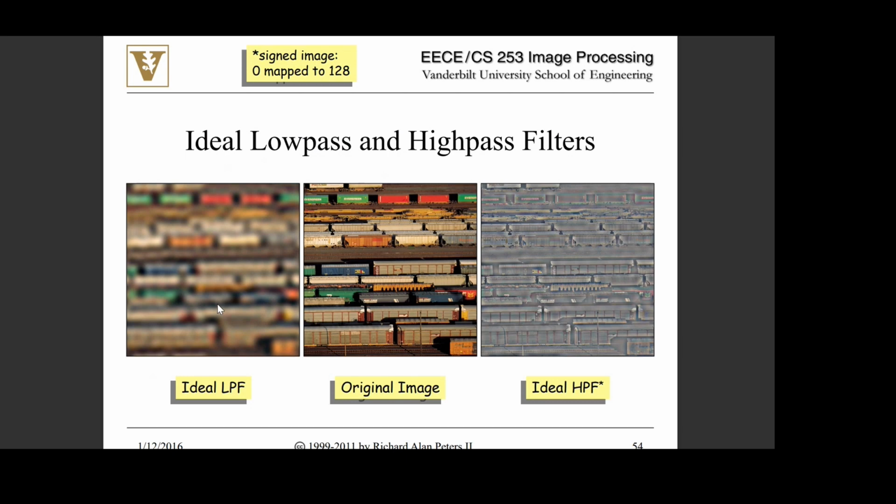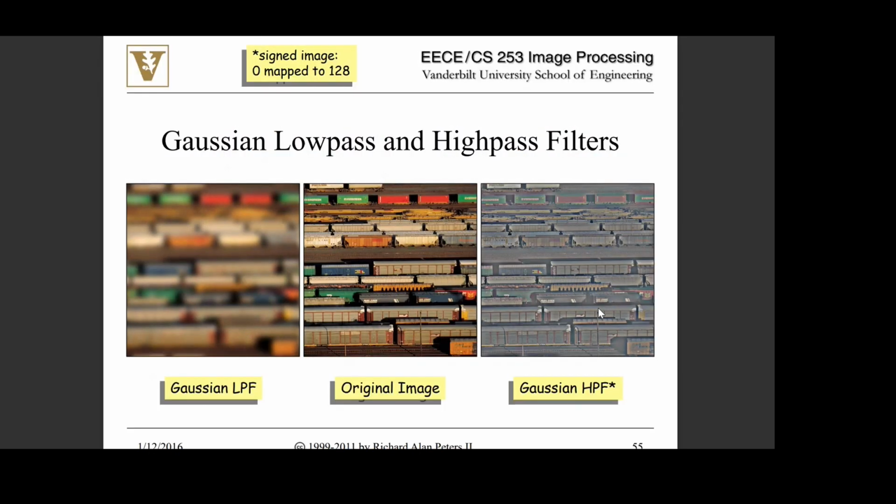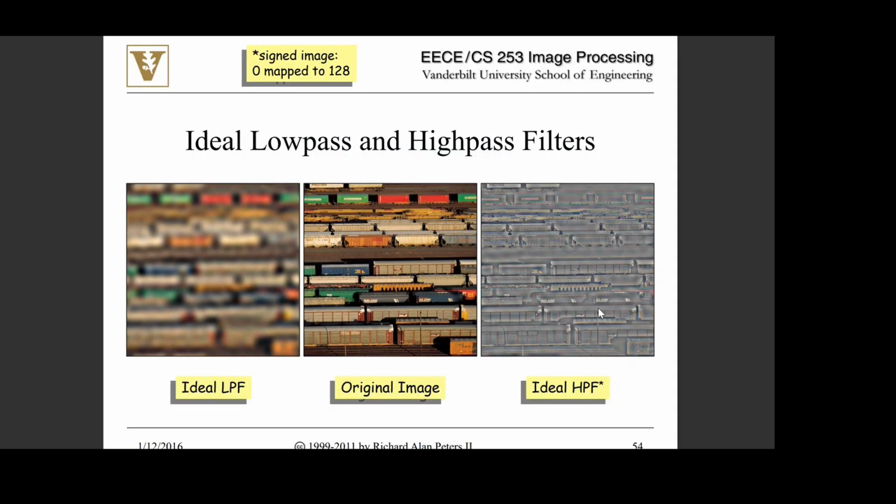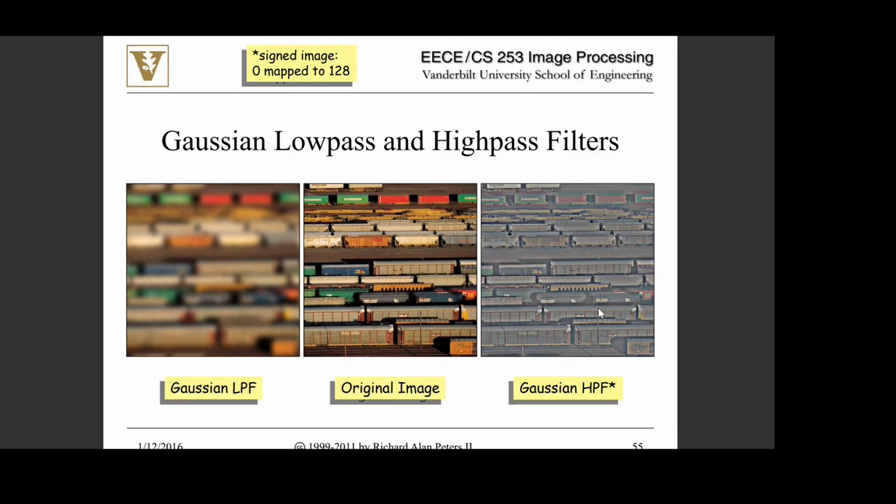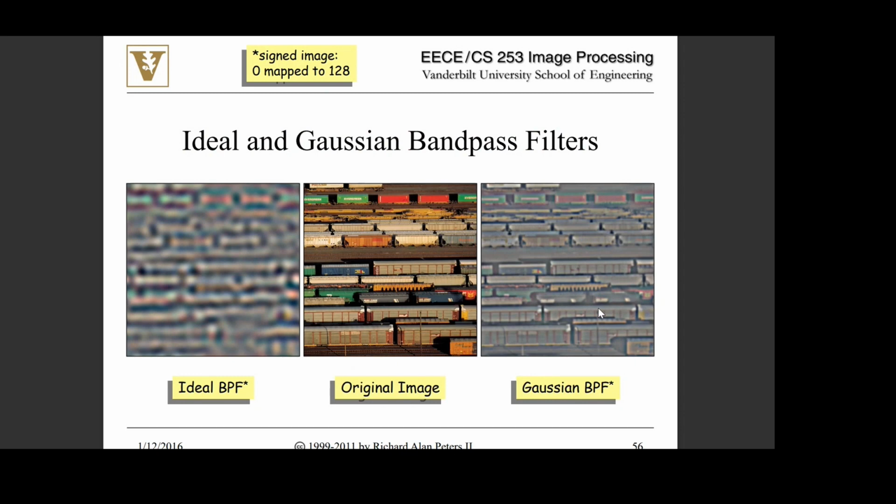So here we have the ideal low-pass filter, the ideal high-pass filter. Here we have the Gaussian versions. So you see the ripples here. You see the ripples in the trains. So the Gaussian is somehow nice. And bandpass filters, and again we see the ripples. And the Gaussian bandpass filter, we don't see them.